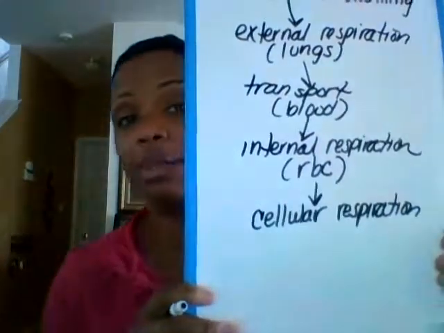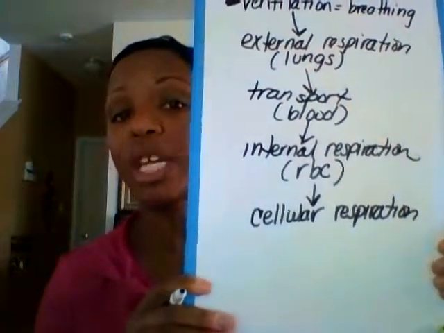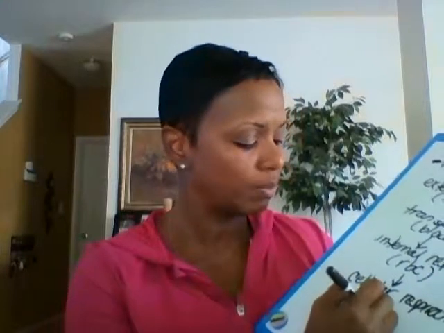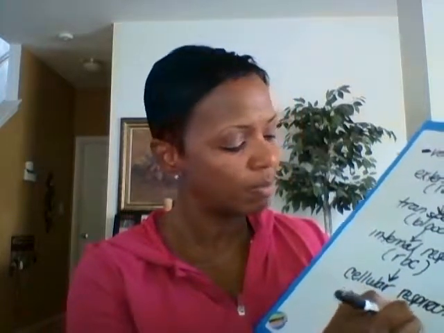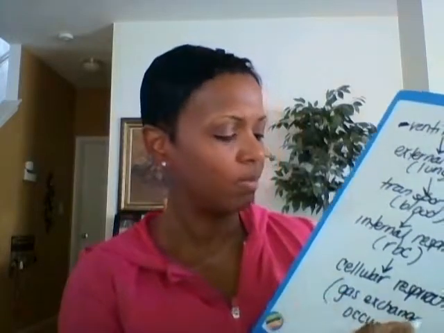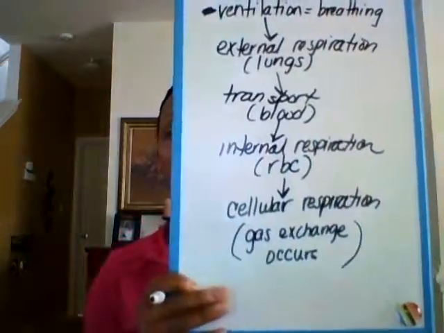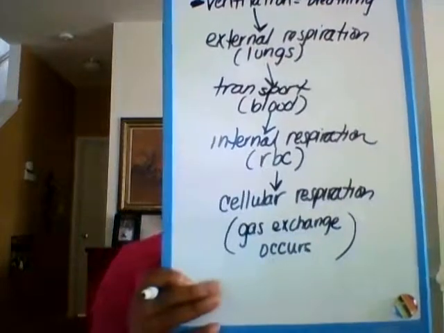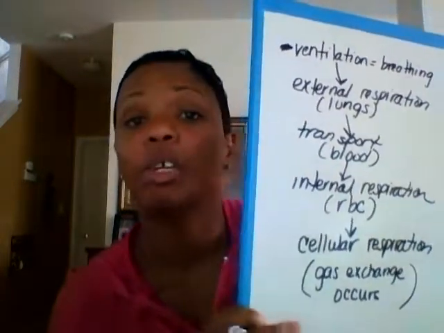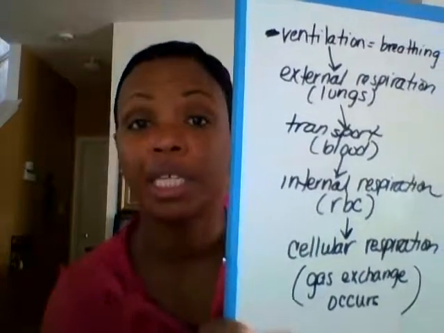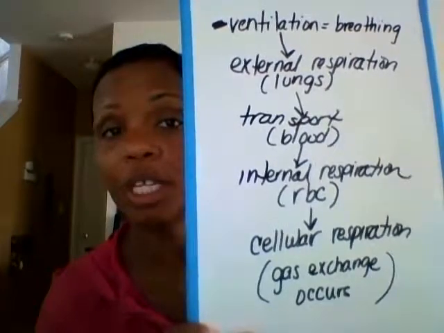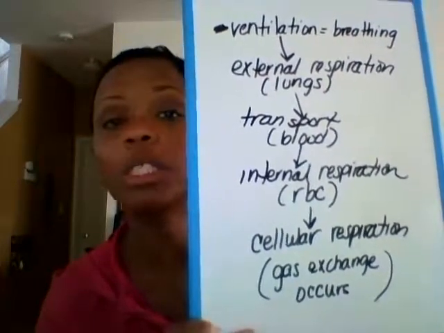And it's the cellular respiration that occurs where we have the exchange of gases. So whatever gases we took in, we're going to exchange them for what it is that we need, and then we're going to get rid of what we don't. So we take that oxygen, it gets all the way down to the red blood cells, they do their thing, and it's like, hey, we don't need this carbon dioxide.